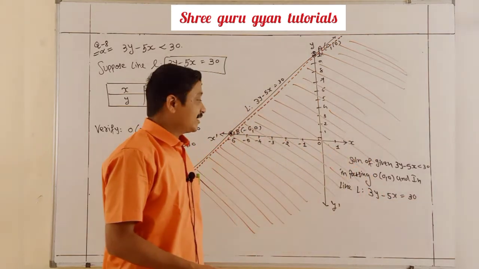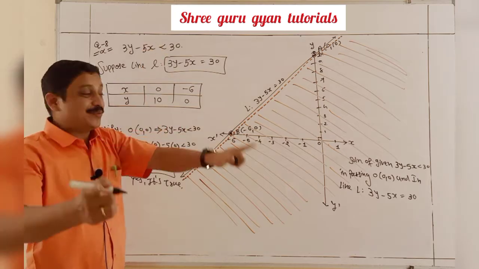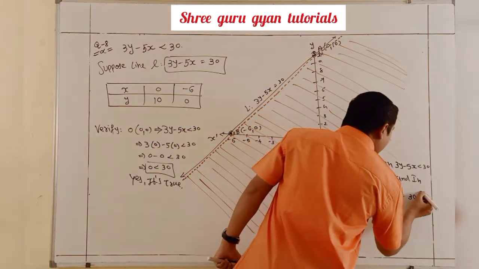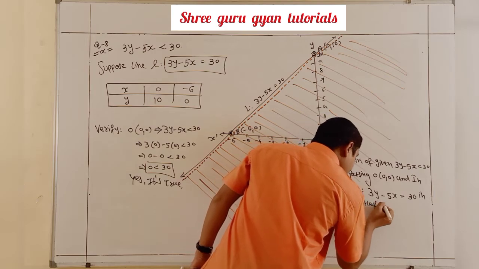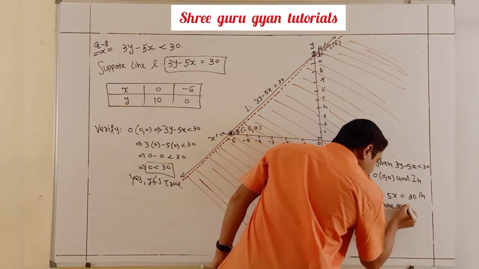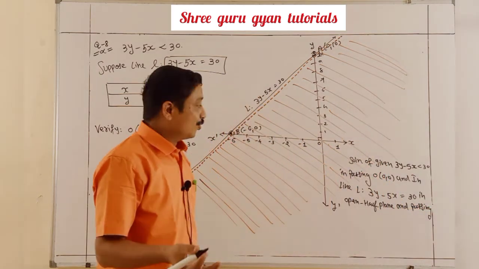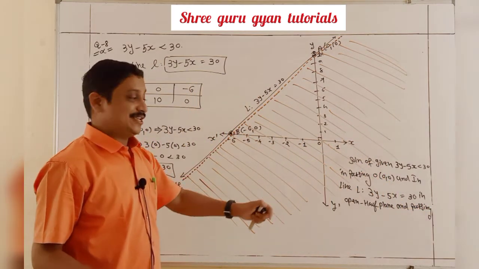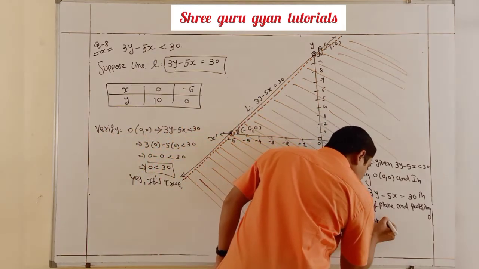Now check whether it is an open half plane or closed half plane. Less than means open half plane. And passing through which quadrants? All four quadrants: 1, 2, 3, 4.